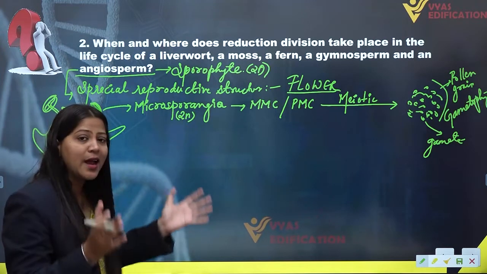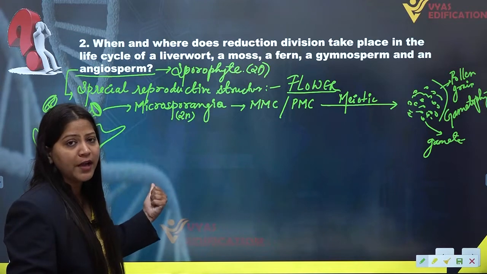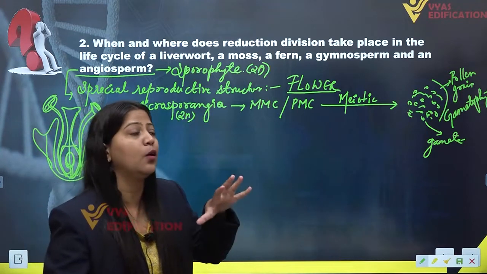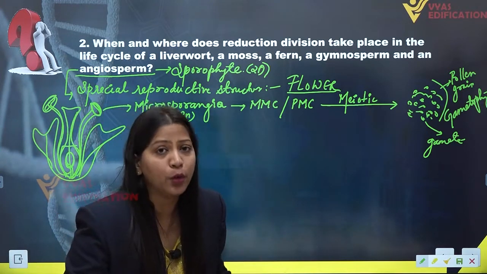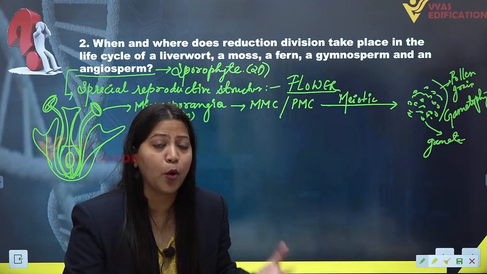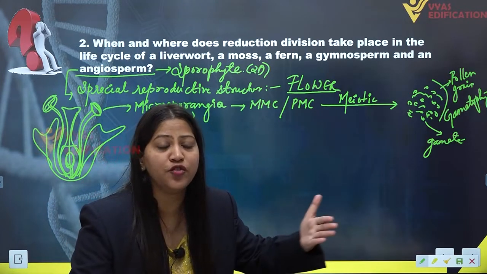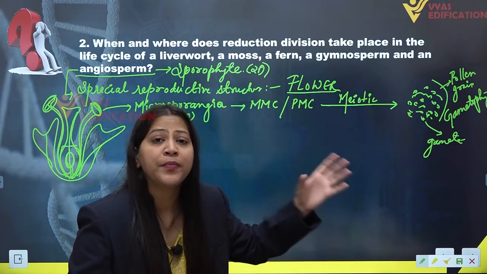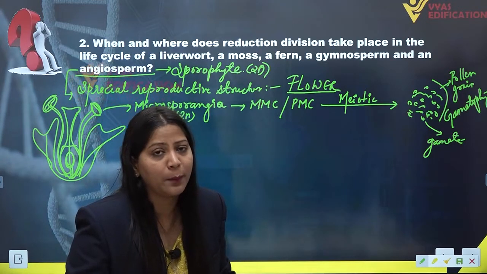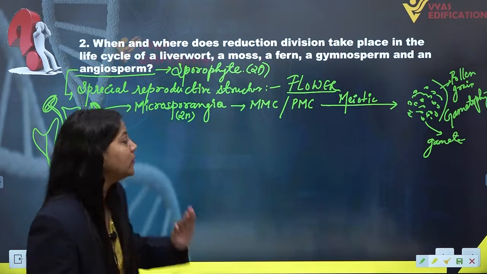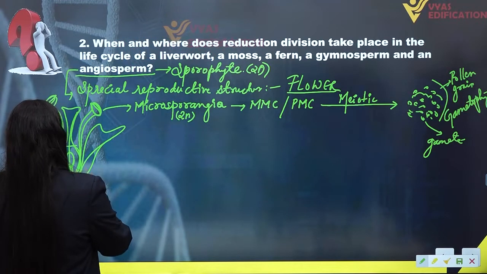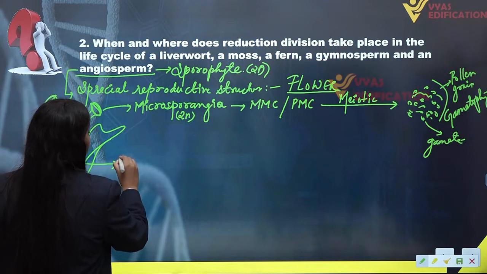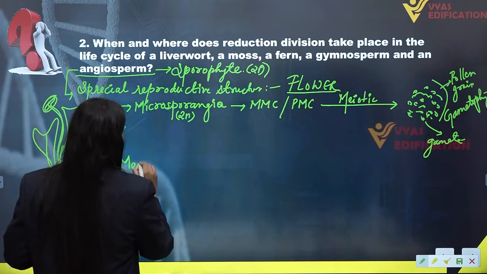Inside the ovary of a carpel, in case of angiosperm, we have ovule which is a megasporangium. That ovule is attached to the placenta with the help of funicle. So this is your ovule, and ovule is your megasporangium.